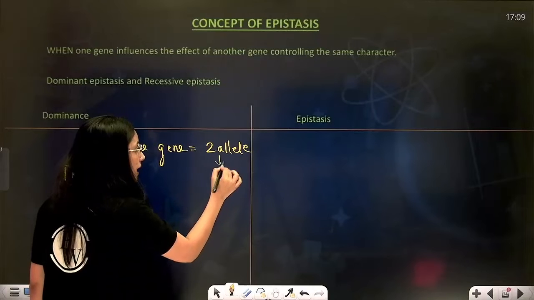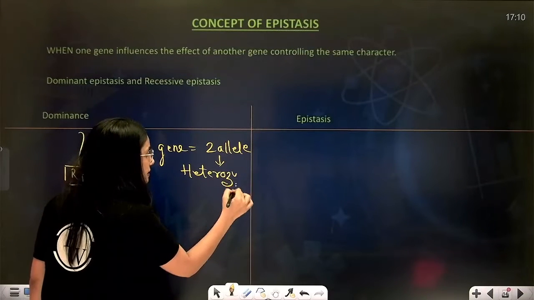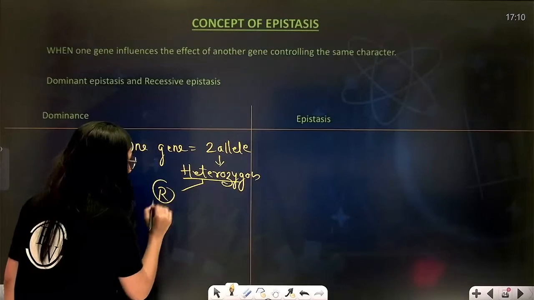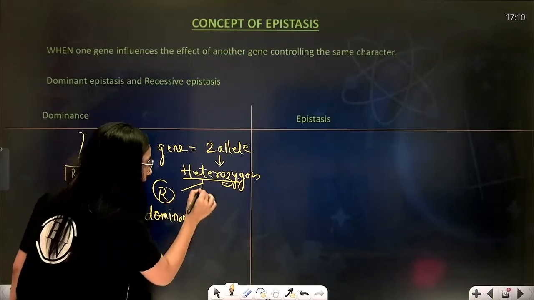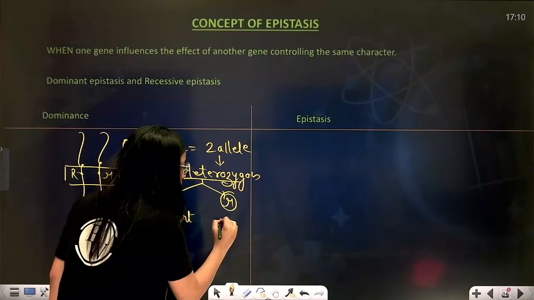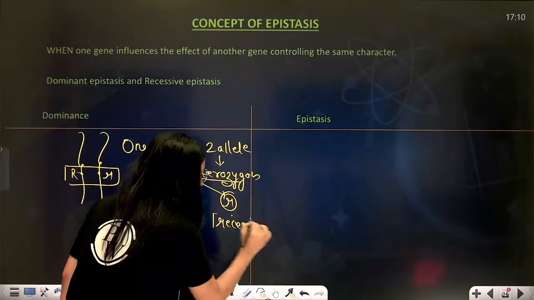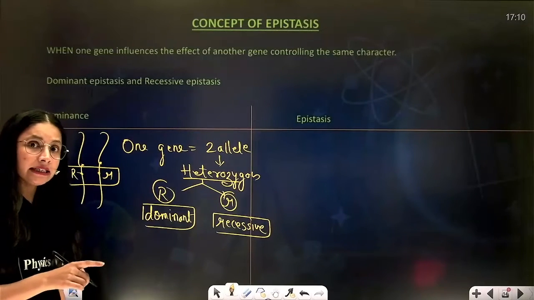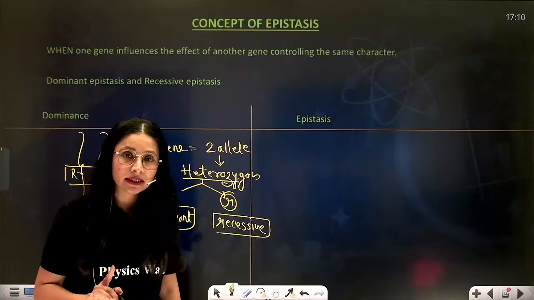Now, if both the alleles are present in heterozygous state, then one has to be dominant, correct? And another has to be recessive. The dominant allele is going to express and will suppress the recessive allele, correct?